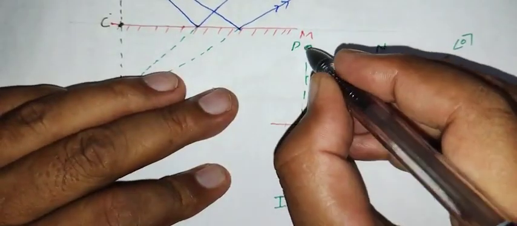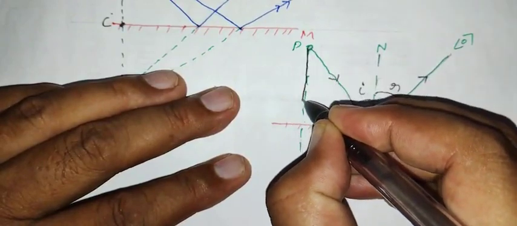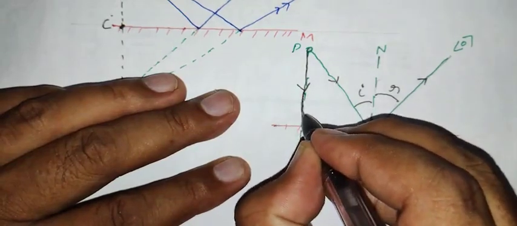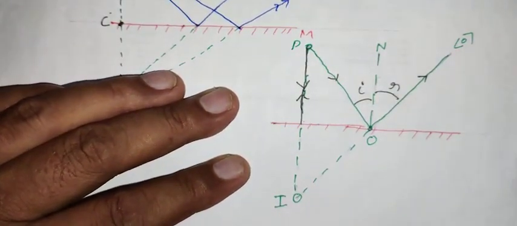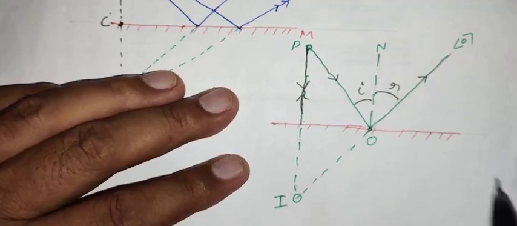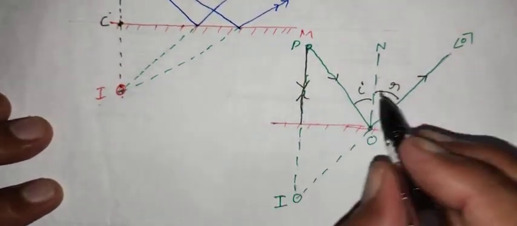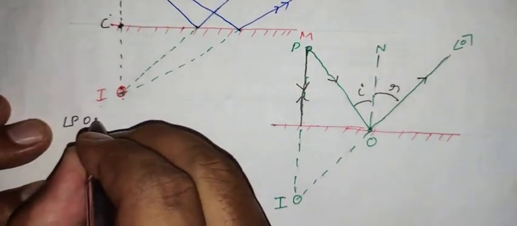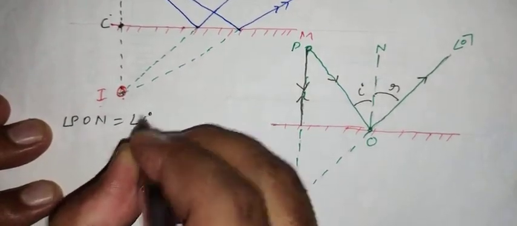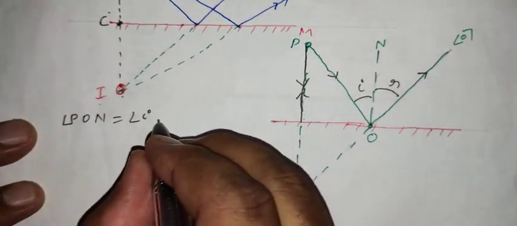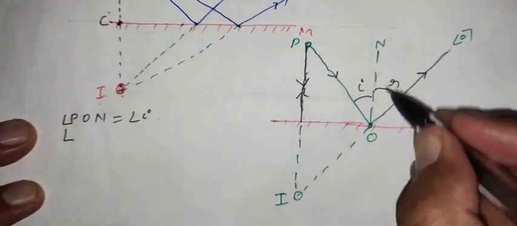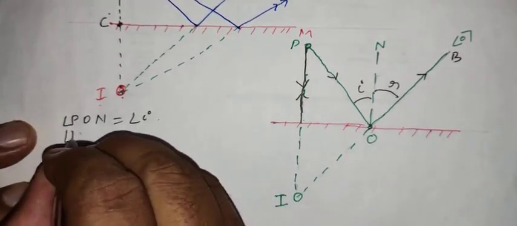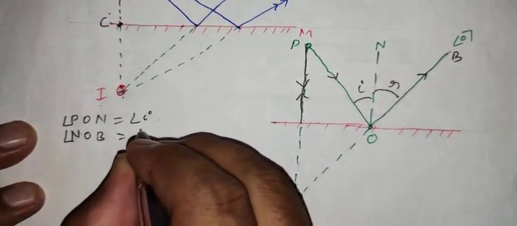Now what happens when we take one more ray here? There is one rule: if it falls normally, it moves back in the same direction. Now see, angle PON is angle i, the angle of incidence, and suppose this point is B, angle NOB is angle r.